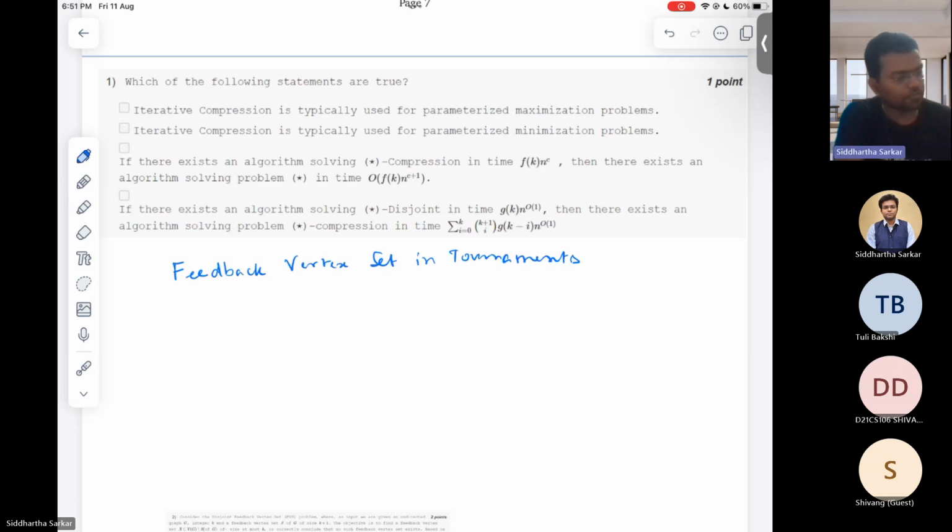Is this a minimization problem or a maximization problem? We have also seen vertex cover, our favorite problem. Is vertex cover a minimization problem or a maximization problem?